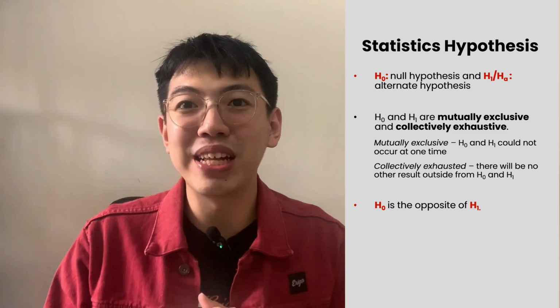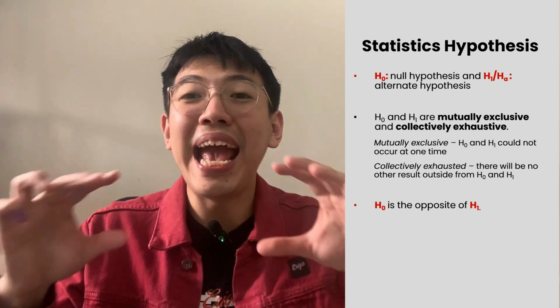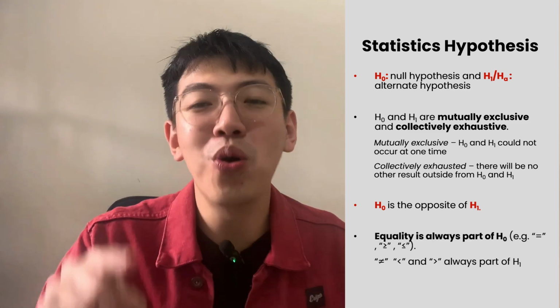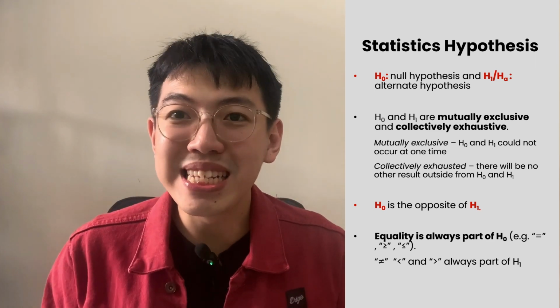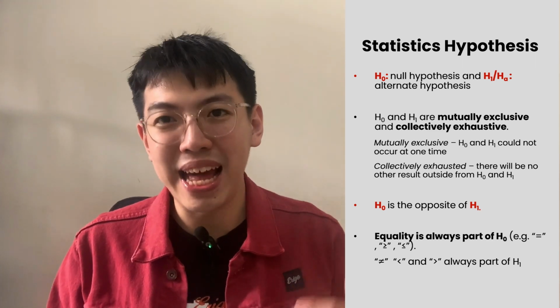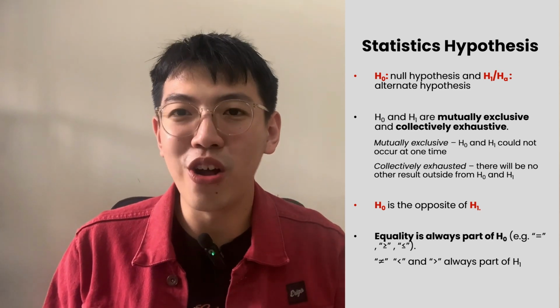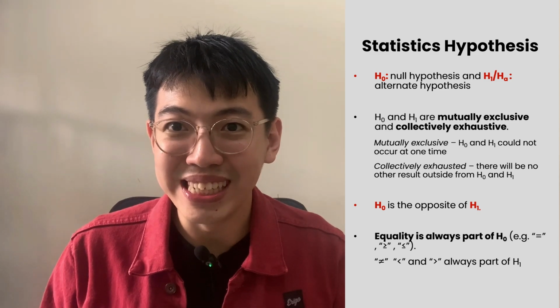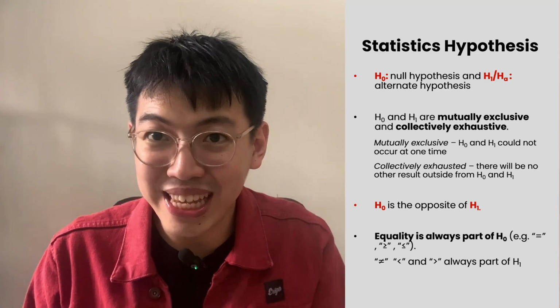And this is the important thing, in the H0 there has to be equality. One more time, in the H0 there has to be equality. So the signs that could be put in the H0 are equal, more than or equal, and less than or equal, because these three contain equality.